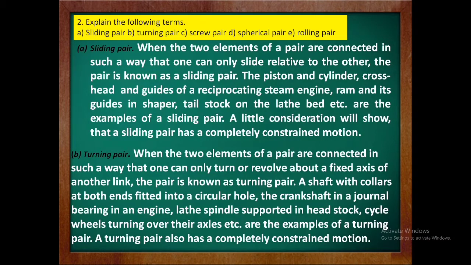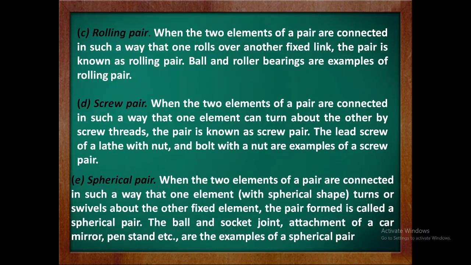A shaft with collars at both the ends fitted into a circular hole, the crankshaft in a journal bearing in an engine, lathe spindle supported in the headstock, cycle wheels, motorbike wheels turning over their axles are the examples of a turning pair. A turning pair also has a completely constrained motion.